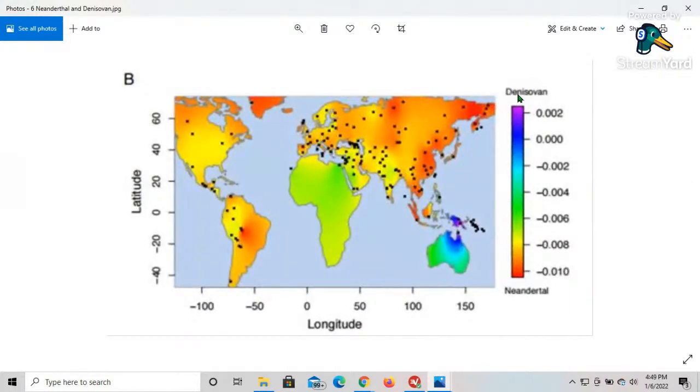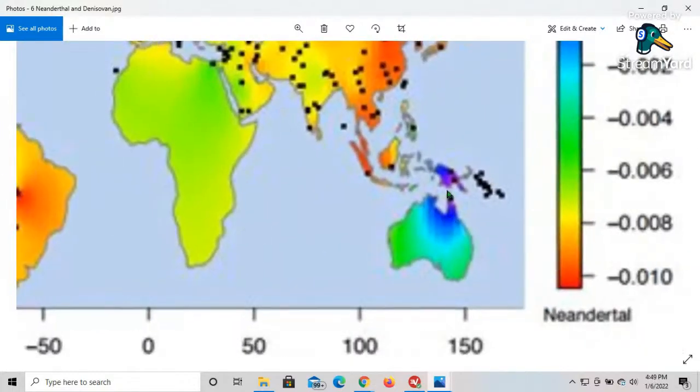This is the same thing, only it's the Denisovan and Neanderthal together. Again, the Denisovan is in this area here, which is Papua New Guinea, which is the area of the K. See this dark area here is the K paternal Y chromosome.